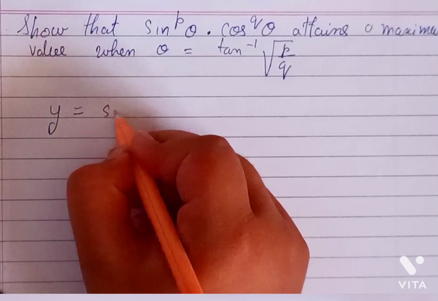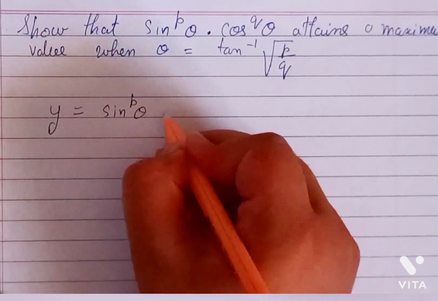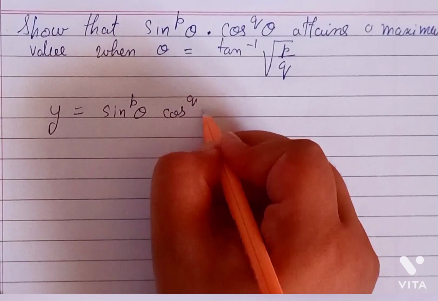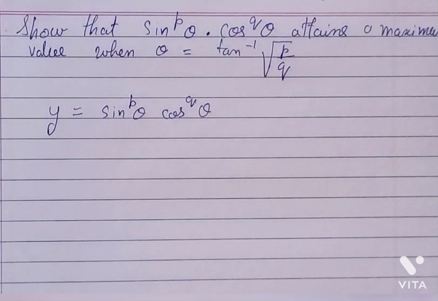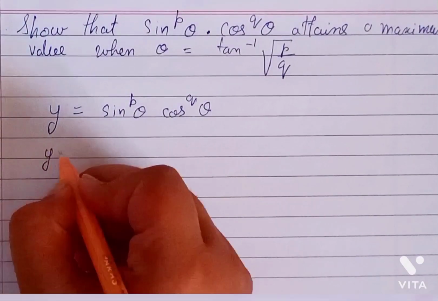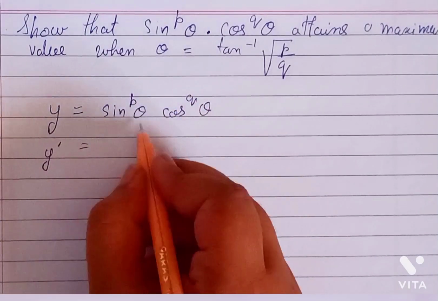So y is equal to sine to the power p theta into cos to the power q theta. First step is to differentiate. So I'll easily differentiate it. Y dash, using chain rule you'll differentiate it.